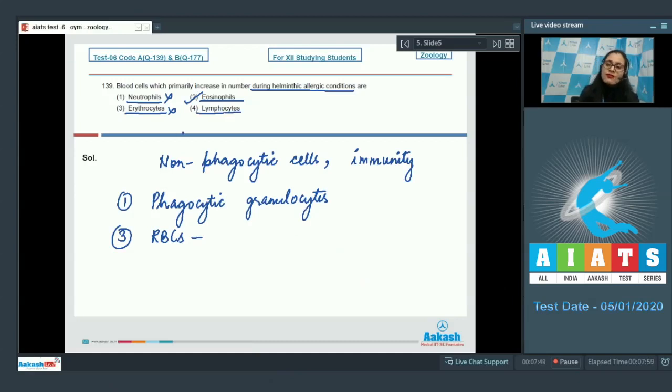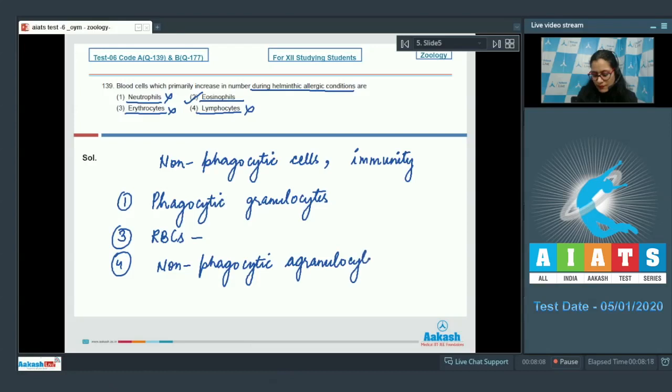And the last option is lymphocytes, and this cannot be a correct answer because lymphocytes are non-phagocytic agranulocytes, and they also play role in immunity. So the correct answer to this question is option number 2. Let's move on to the next question.